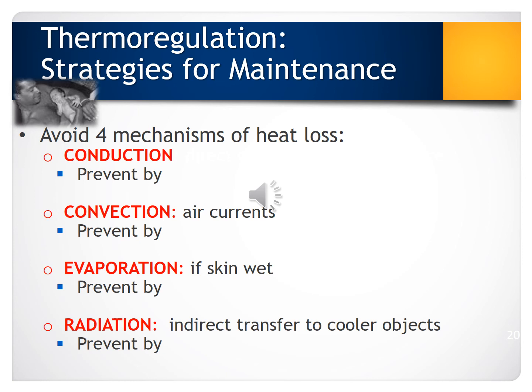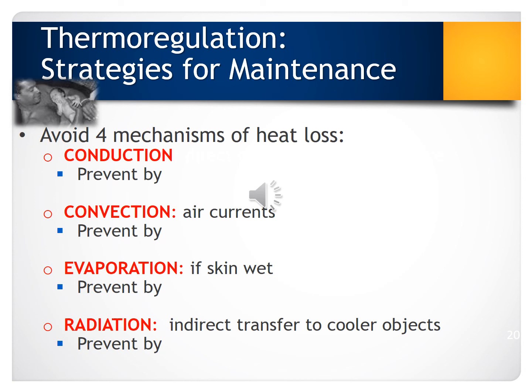And then radiation is not placing the baby near cool objects. So don't place the baby near a cool window, or other things that may be cool. And so that's heat loss through indirect contact with a cooler object.